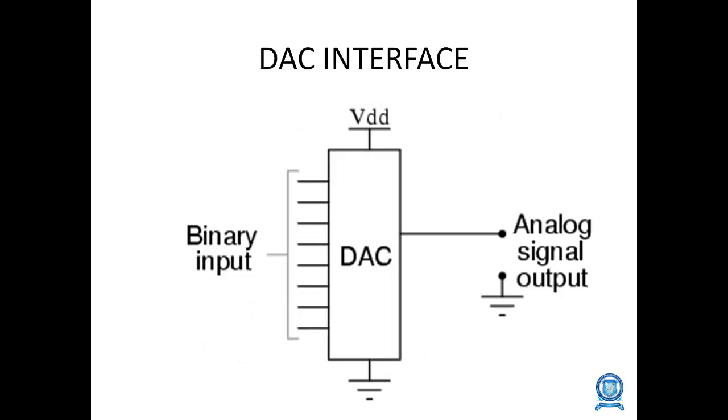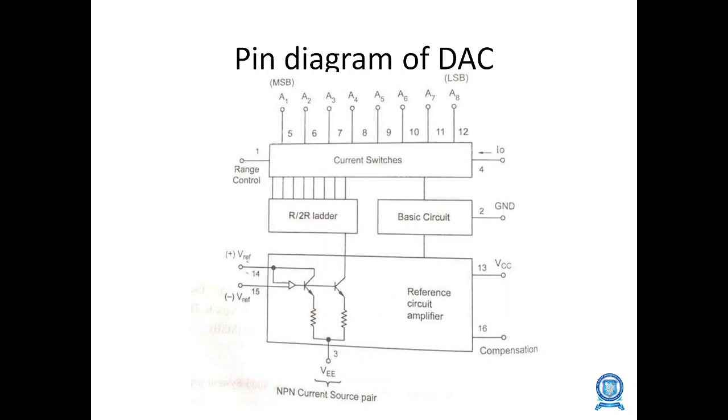DAC is from digital to analog converting interface, in which the binary input is converted to analog signal output. The pin diagram for DAC is given with current switches 5, 6, 7, 8, 9, 10, 11, 12 with address A1 to A8, and NPN transistors current source is given with the reference circuit amplifier.